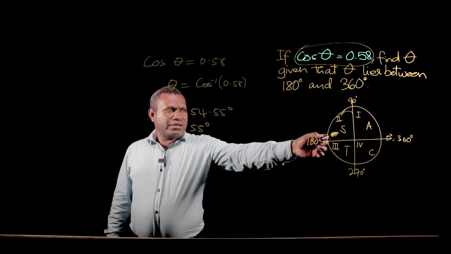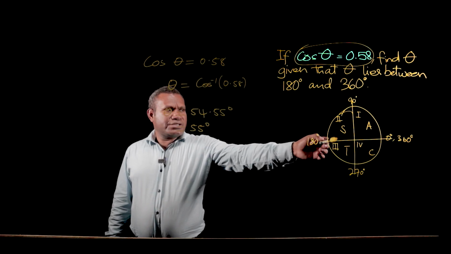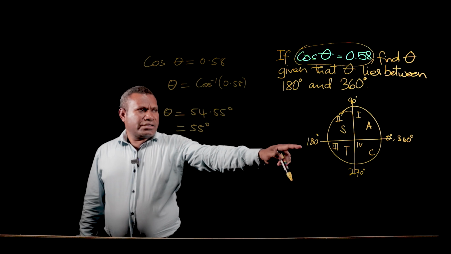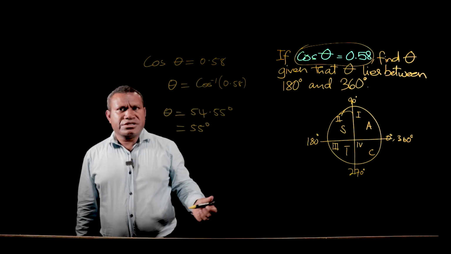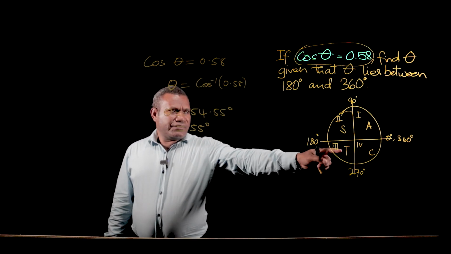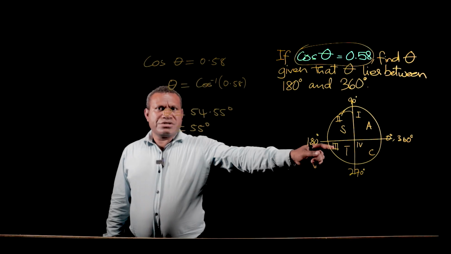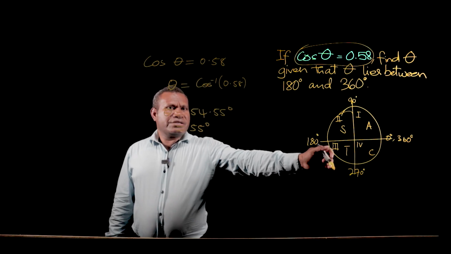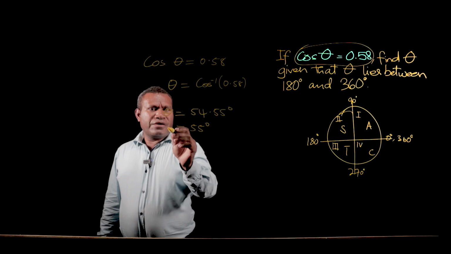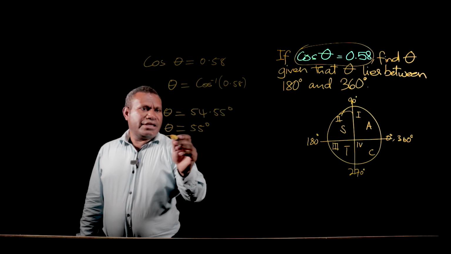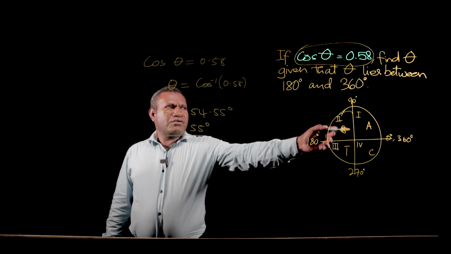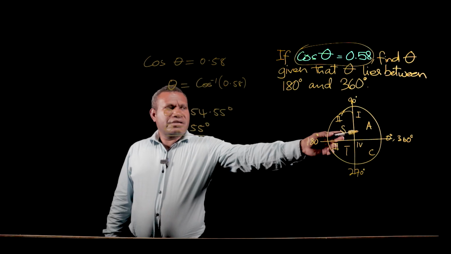In the second quadrant, only the sine ratio is positive. In the third quadrant, only the tangent is positive, and in the fourth quadrant, only cosine is positive. So this value for angle theta, 55 degrees, is only for the first quadrant.